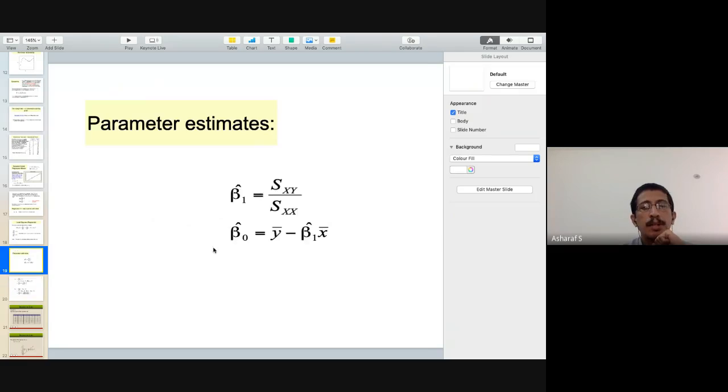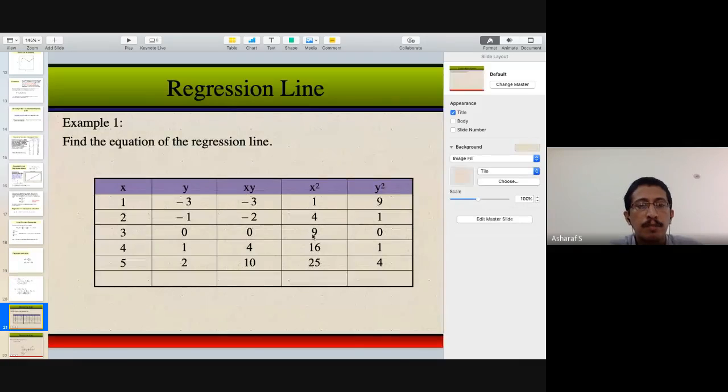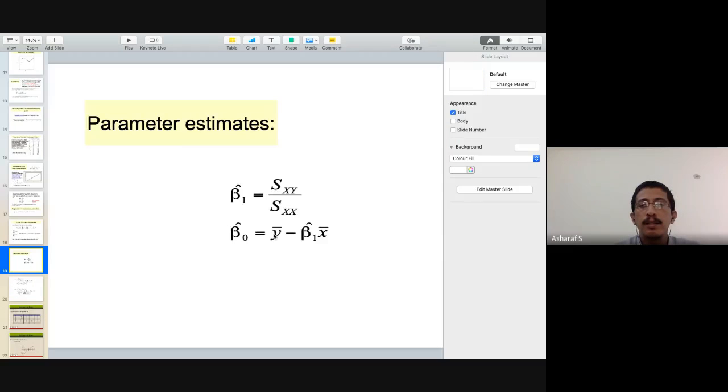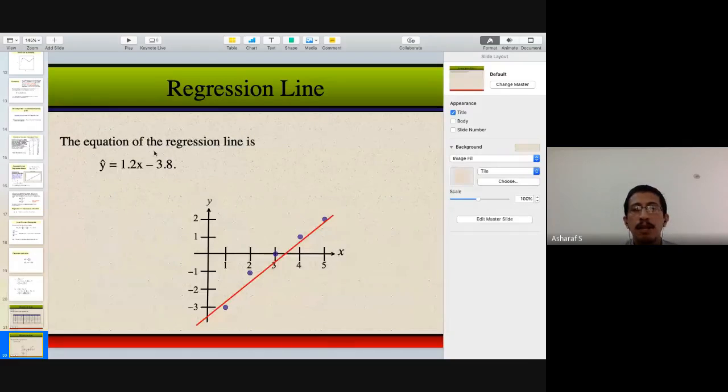So if you apply it here, y bar will be minus 0.2 minus 1.2 into 3, since 15 by 5 will be 3. So you get minus 0.2 minus 3.6, which will be minus 3.8.